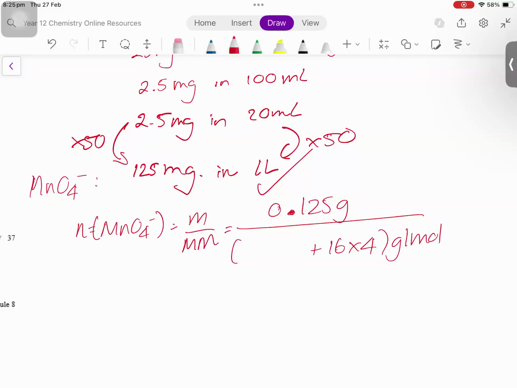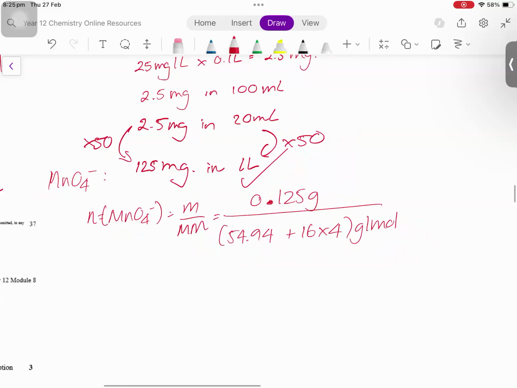Manganese is in the transition metals section of your periodic table. 54.94.